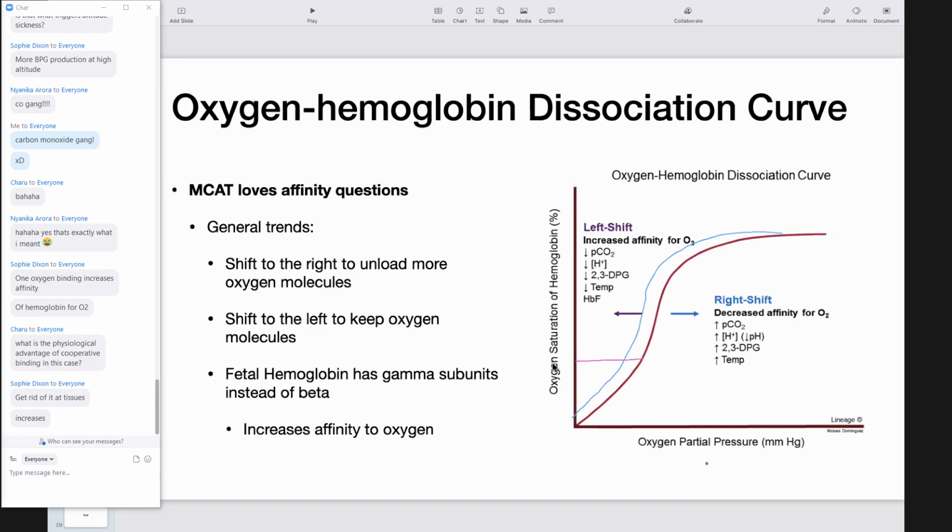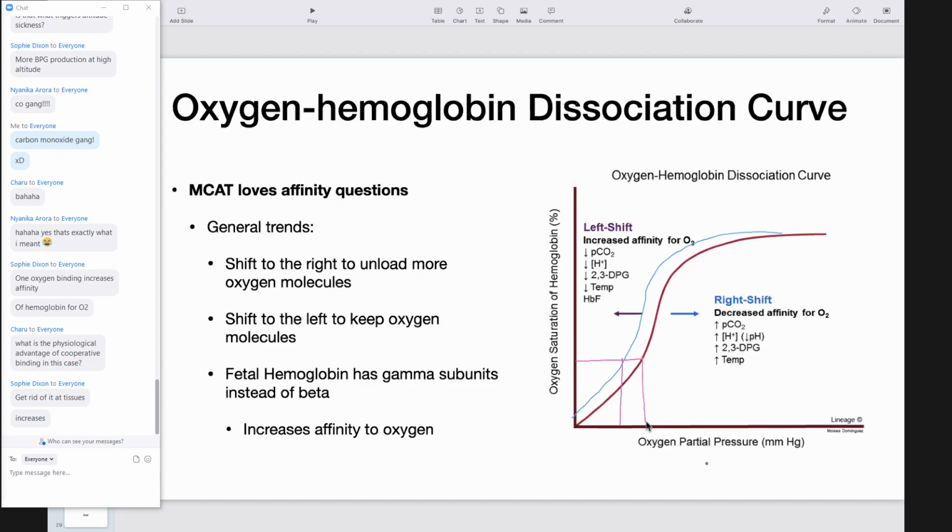To reach a certain oxygen saturation, this left shift is going to require a lower concentration of oxygen to reach the same saturation level. A left shift means you have a greater affinity. So rather than kick off the oxygen to the tissues, the hemoglobin is going to hold on to it.